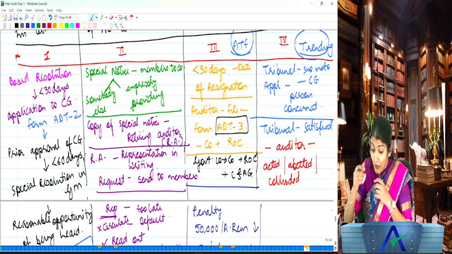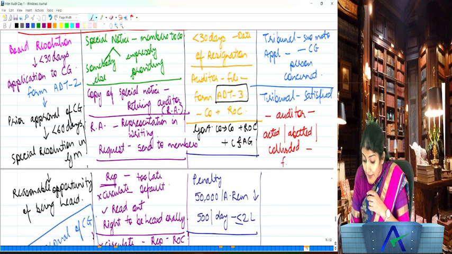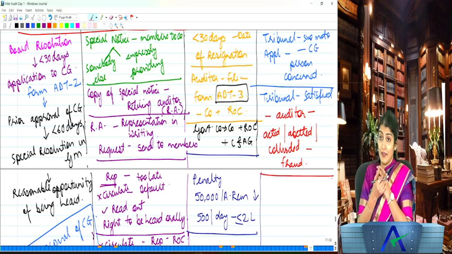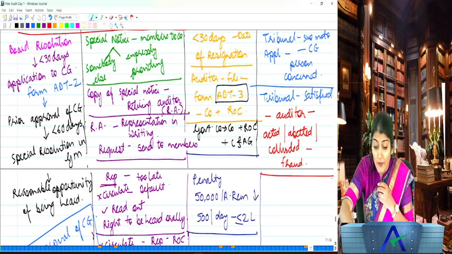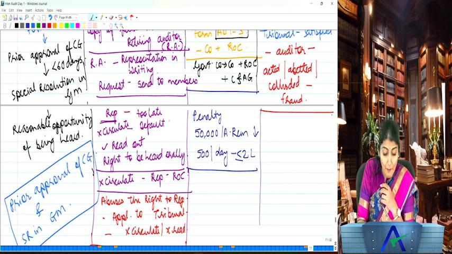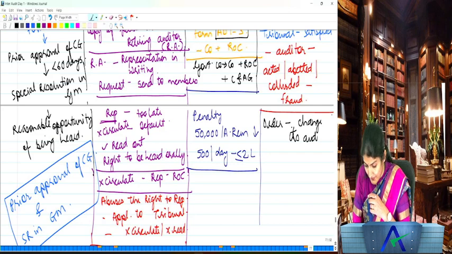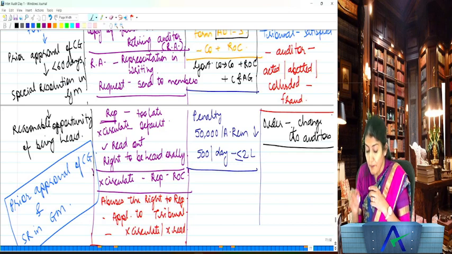And the auditor of the company acted in a fraudulent manner or abated or colluded in any fraud in relation to the company or its directors or officers, then the tribunal may by order, what order? Tell the company to change its auditors. Once again, please listen to me.